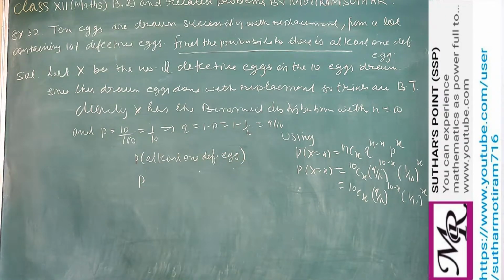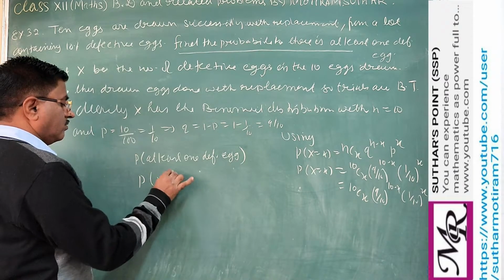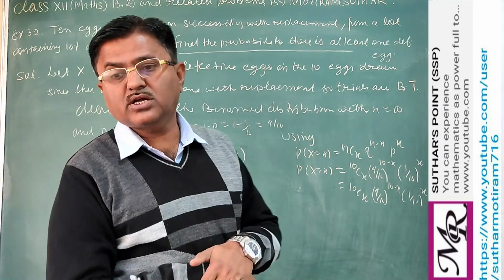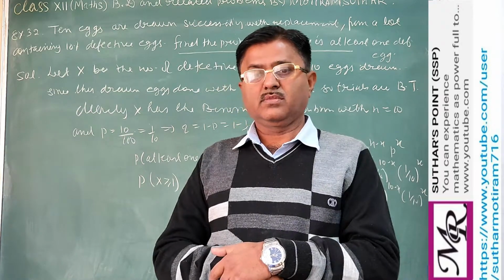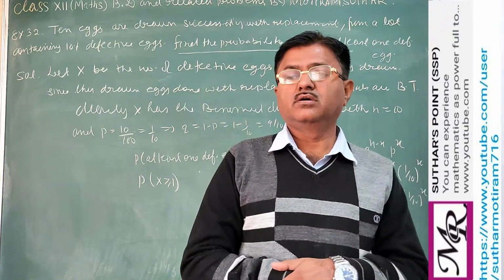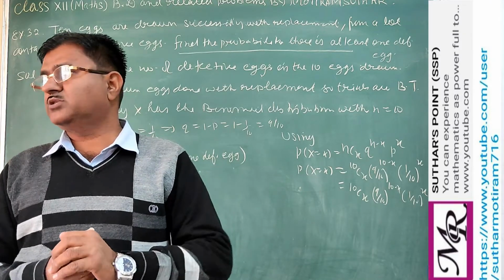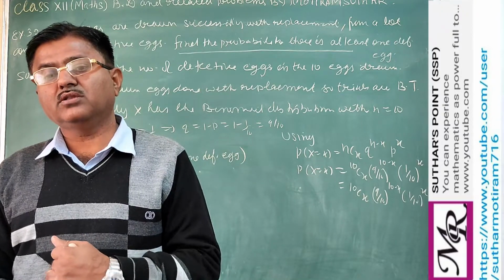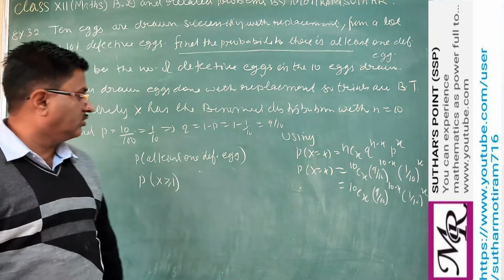Right? So we can say P(X greater than or equal to 1). कम से कम एक डिफेक्टिव होना चाहिए. एक भी हो सकता है, दो भी हो सकता है, तीन भी हो सकता है, 4 और all 10. Correct? So you have to write x greater than or equal to 1.